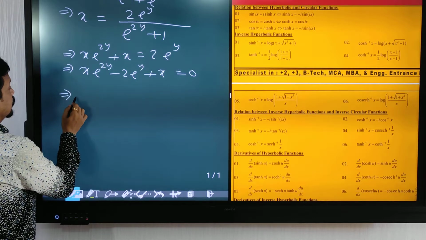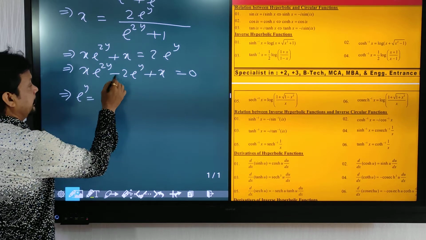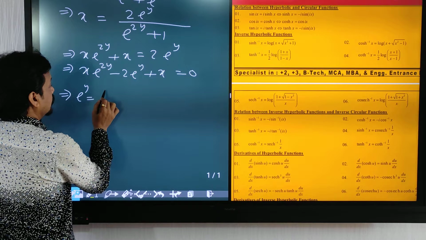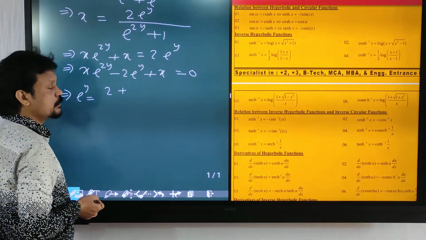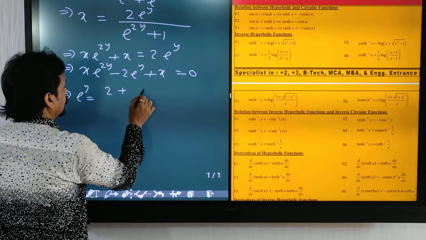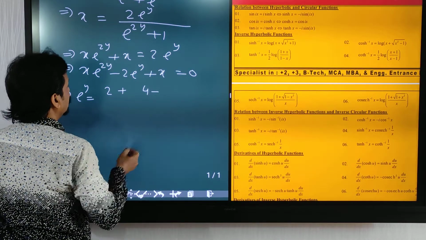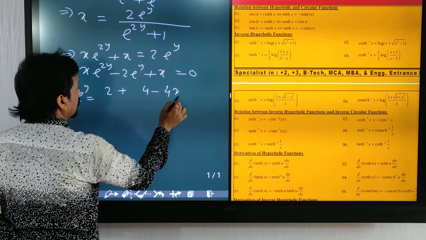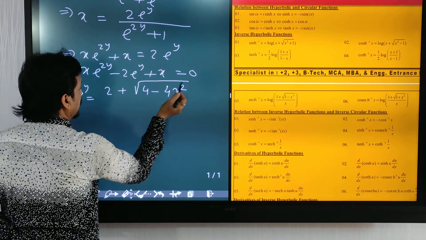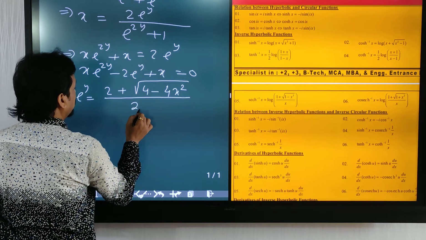So e to the power y is equal to minus b plus or minus root of b square minus 4ac, divided by 2a. b square means 4, minus 4ac, where a is x and c is x, so 4x square, and the root will be there, divided by 2a, that means 2x.